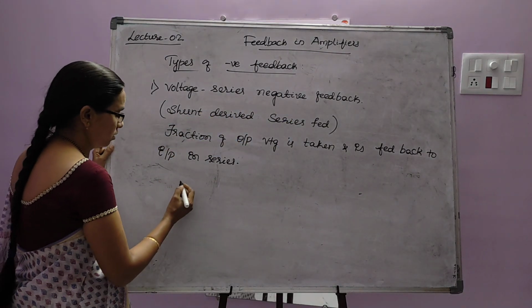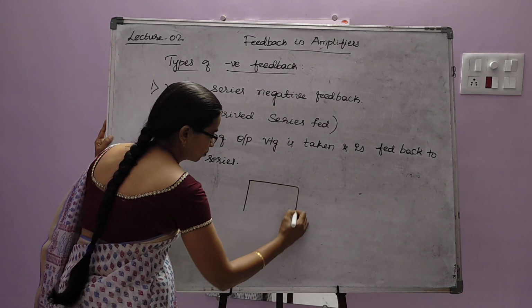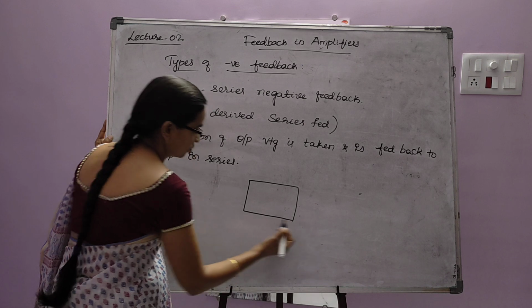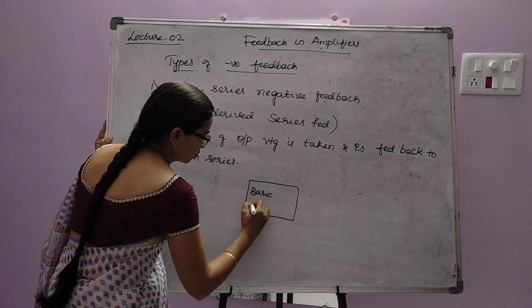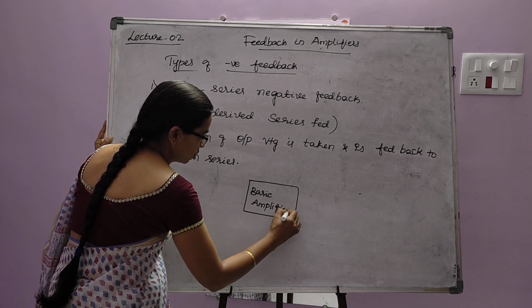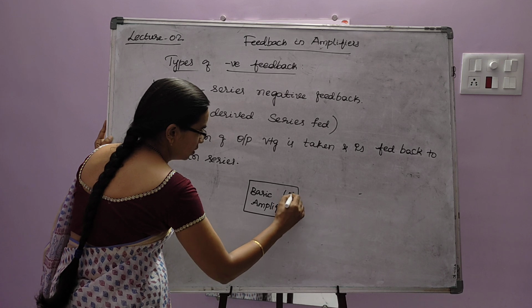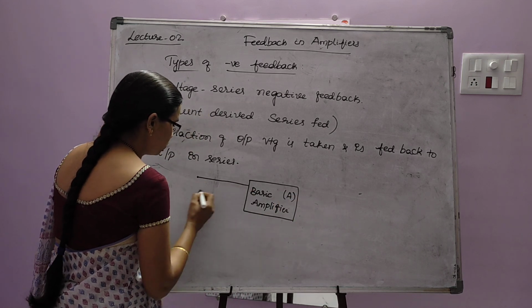So how does the block diagram of this look? This is the basic amplifier, which has a gain A, and this is the input connection we are giving.